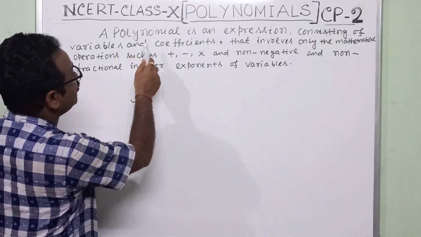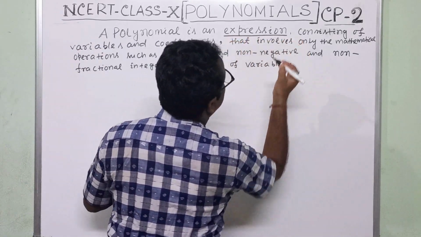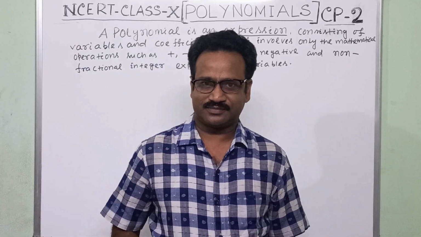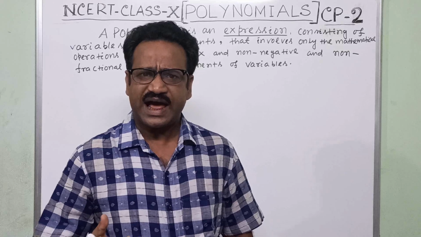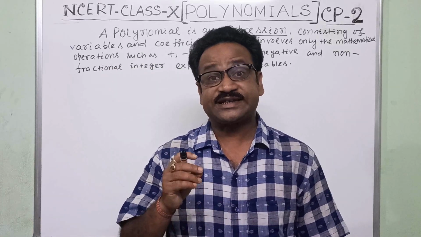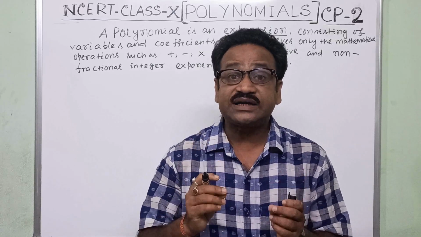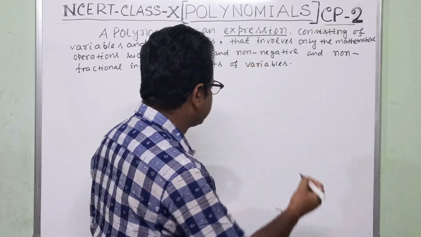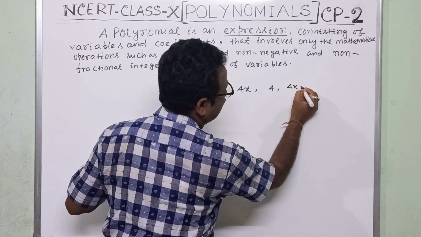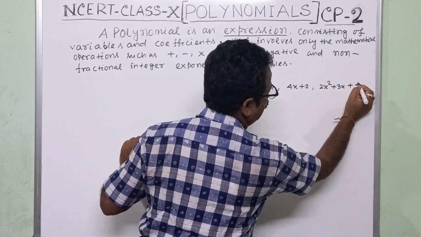A polynomial is an expression. What type of expression? Not a verbal expression, but a mathematical expression. In mathematics, suppose I write 4x plus 2, or 2x square plus 3x plus 4.